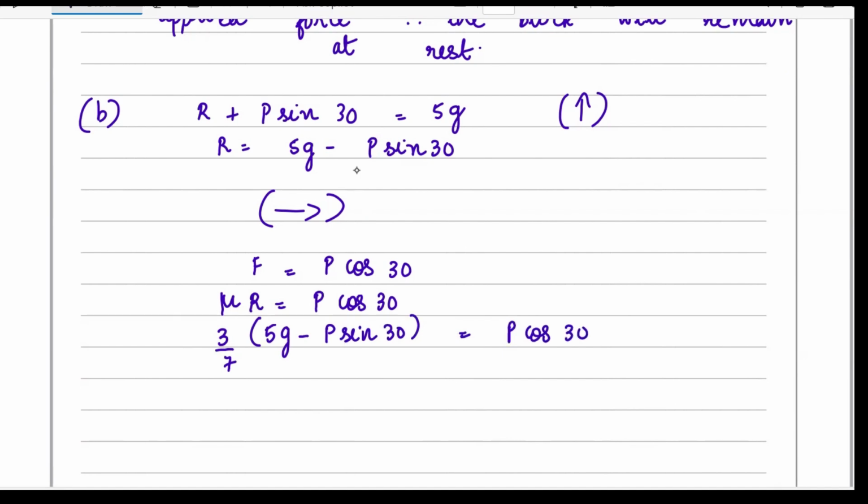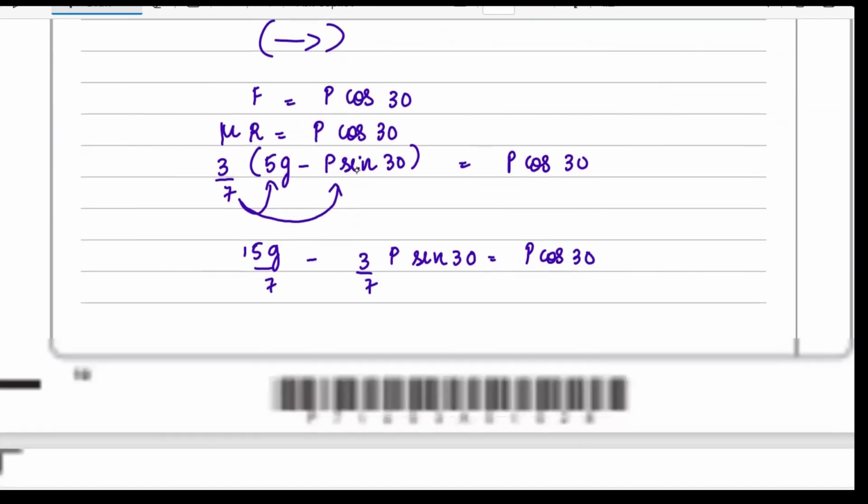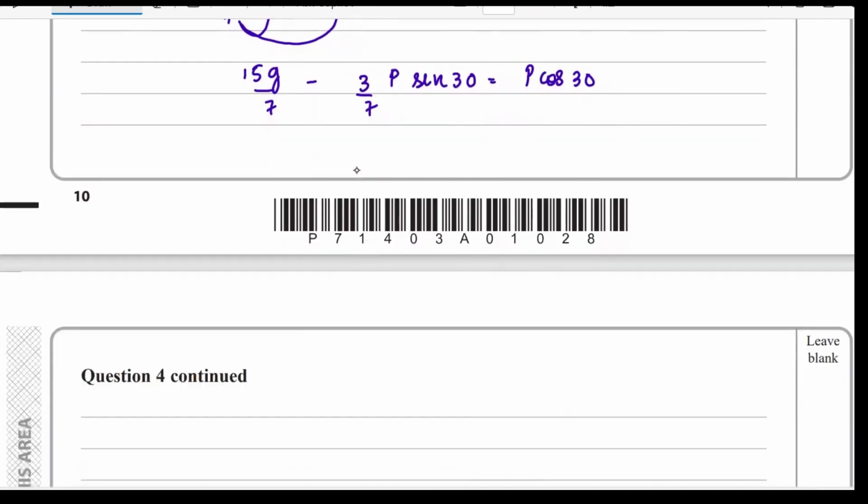Now, just substitute. Expanding the bracket, 3 by 7 you multiply with 5G and 3 by 7 you multiply with P sine 30. So 3 into 5 is 15. 15G divided by 7 minus 3 by 7 P sine 30 is equal to P cos 30. Since we have to find out the value for P, bring all the P values to one side.